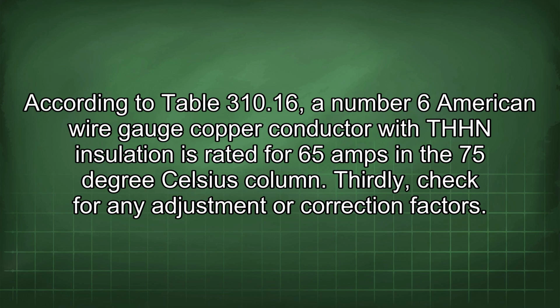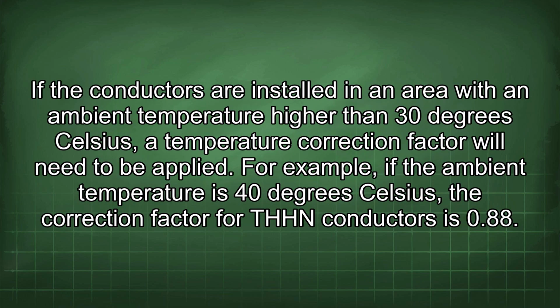Thirdly, check for any adjustment or correction factors. If the conductors are installed in an area with an ambient temperature higher than 30 degrees Celsius, a temperature correction factor will need to be applied. For example, if the ambient temperature is 40 degrees Celsius, the correction factor for THHN conductors is 0.88.